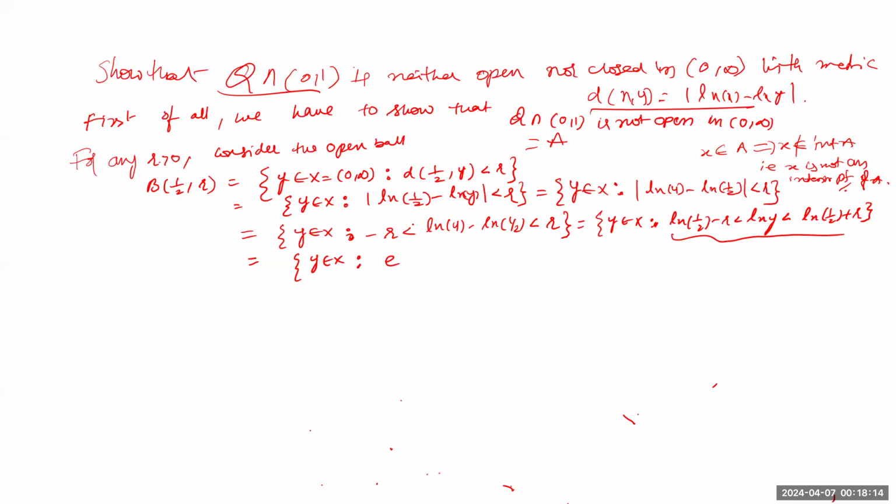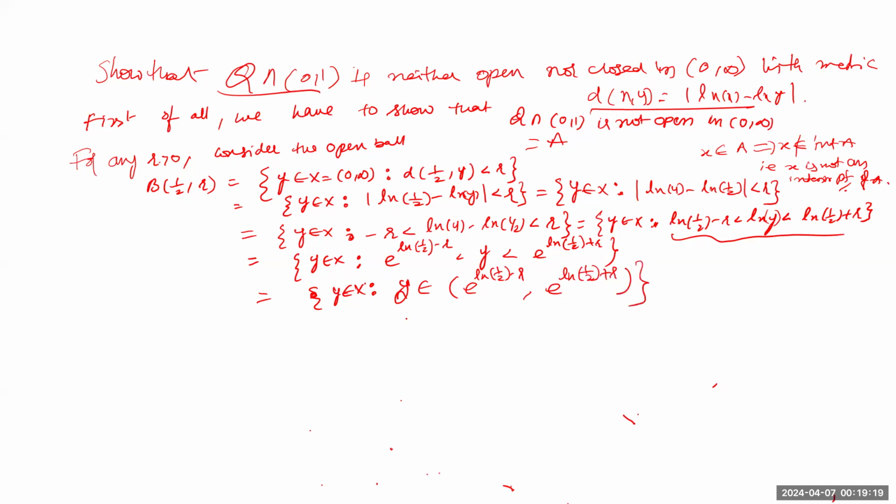That is e to the power of ln 1 by 2 minus R is less than Y, because e to the power of ln Y is equal to Y, is less than e to the power of ln 1 by 2 plus R. So that is simply the set of all Y belongs to X such that Y belongs to the interval e to the power of ln 1 by 2 minus R comma e to the power of ln 1 by 2 plus R. So what is this set?